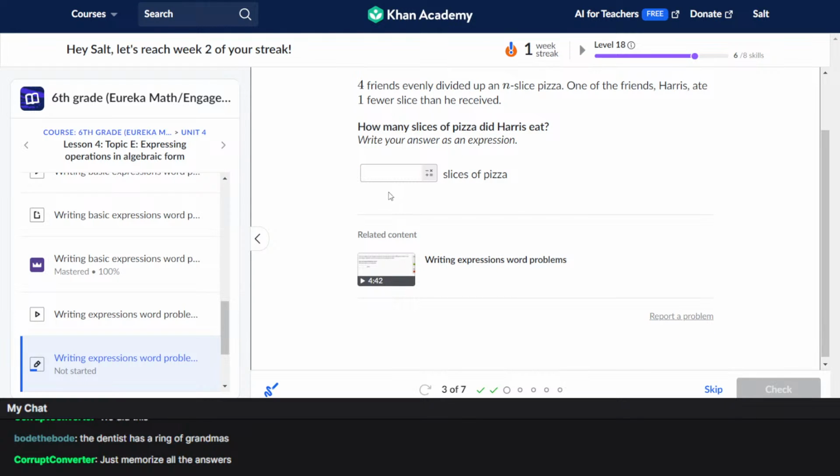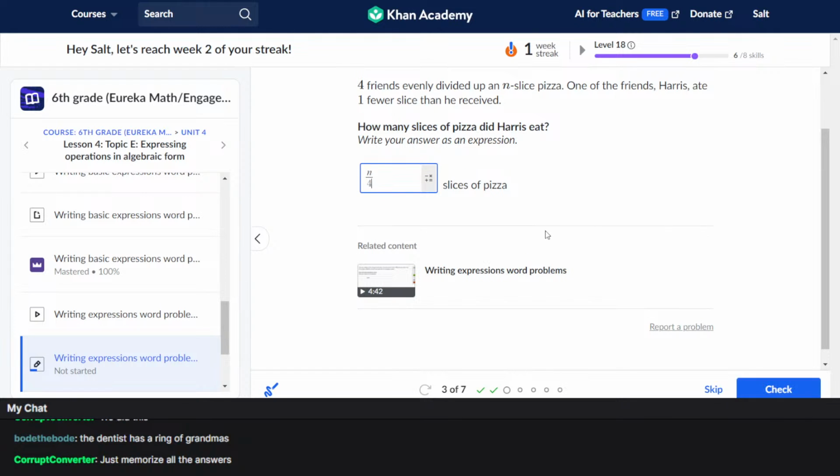One of the friends, Harris, ate one fewer slice than he received. So I think that's n over 4. One fewer slice. Wait, how many slices did Harris eat?